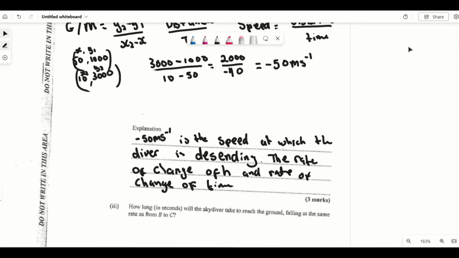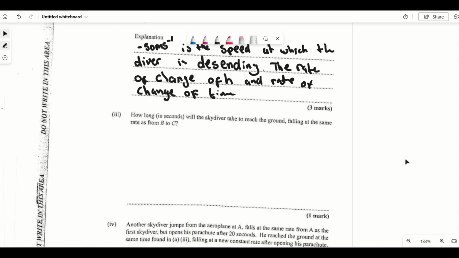Or you're going to do this next method where you find the equation of the line. So we already know that the gradient of BC is negative 50, right? We have our coordinates. So we have m equals negative 50. We're going to use coordinates (50, 1,000), one of the points that we use.